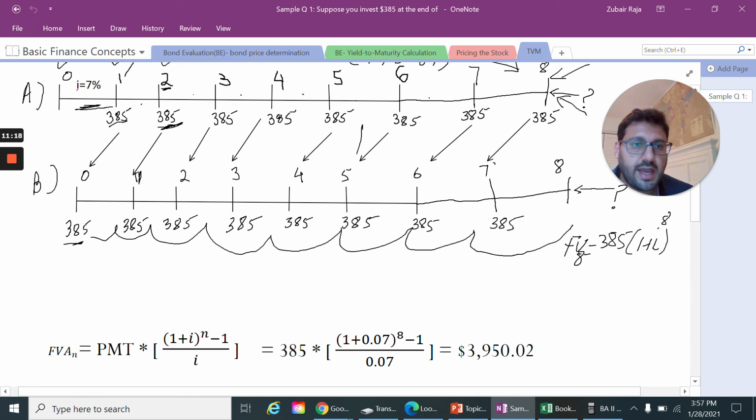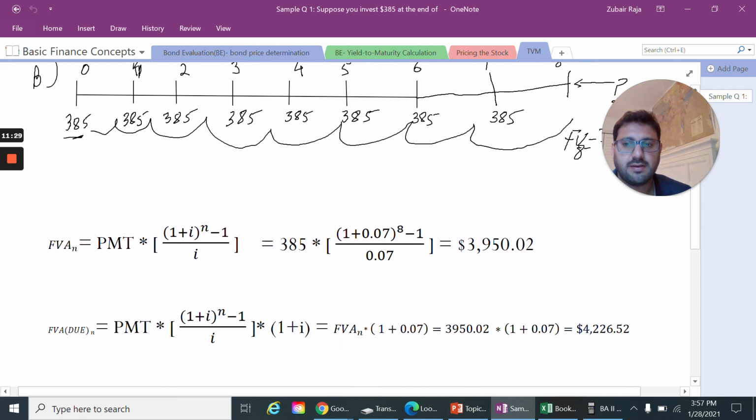In case of the annuity due, if you simply multiply this with 1 plus the interest rate, you can find the answer. So this is what I have done on this next line. The annuity due formula is actually the same formula for the ordinary annuity, multiplied by 1 plus the interest rate, right? So this is the future value of the ordinary annuity multiplied by 1 plus the interest rate.